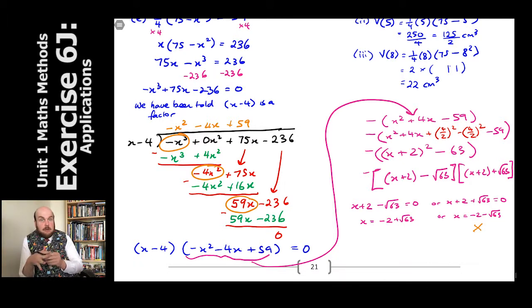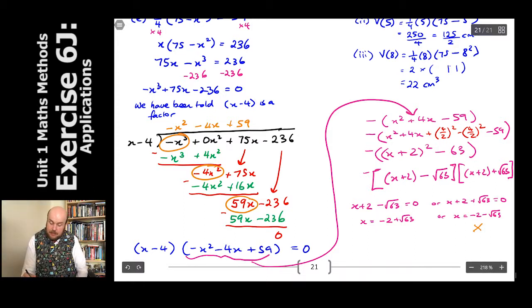Because we're dealing with measurements, and you can't have a negative measurement. You can't have a negative side. So therefore the other answer we've got here would be negative 2 plus square root of 63, which, if we want to neaten that down, is 3 root 7, which, if you use your calculator, will be approximately 5.94 centimeters.